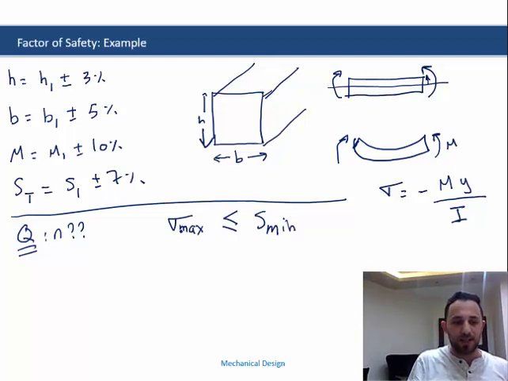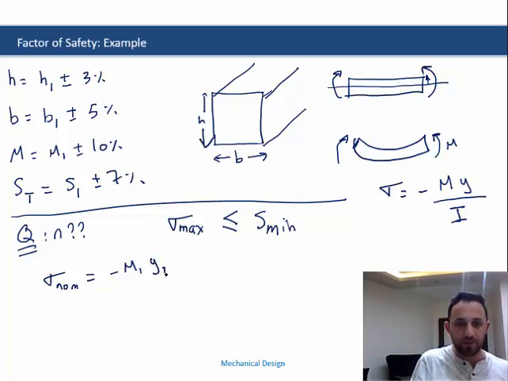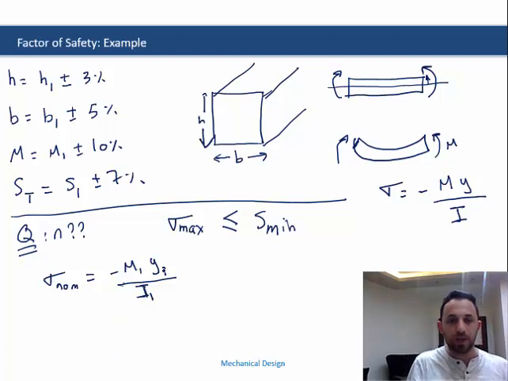So what is the stress? We note that the nominal stress is equal to minus M1, the nominal bending moment, times Y1 over I1. So what is Y1?